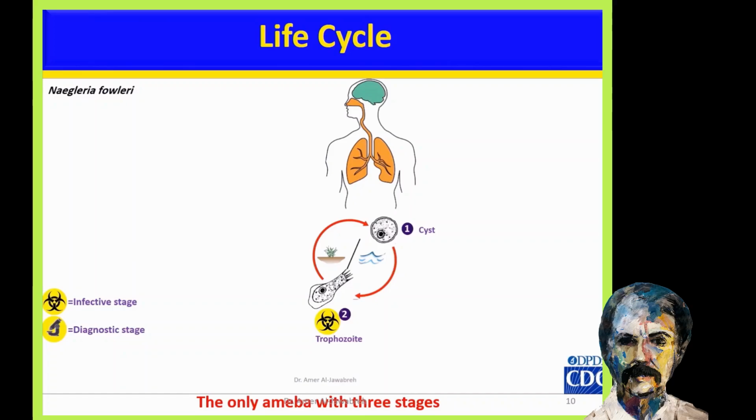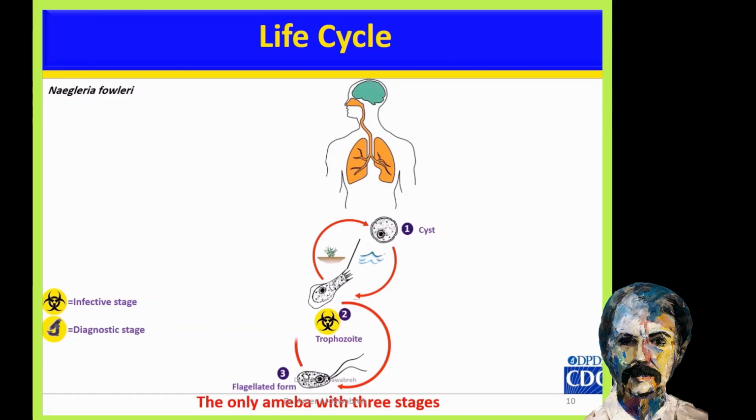In the soil and the lakes, everything from cyst to trophozoite, from trophozoite to cyst, takes place in the environment, like water resources, like lakes. Then this trophozoite sometimes converts into the flagellated form. Look at this down here.